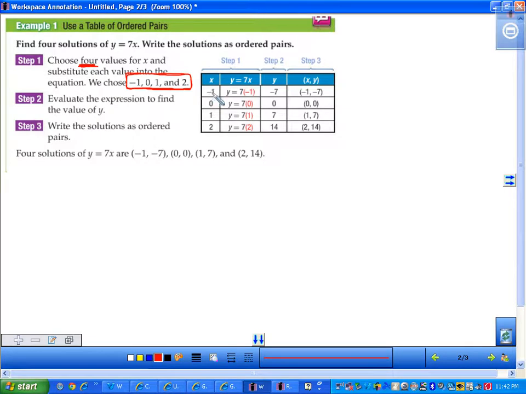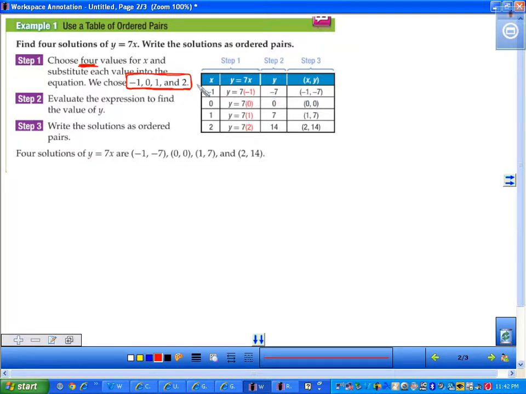So they're substituting x from the equation 7x. Again, this is an example that they're going over with you. So I'm replacing x with a -1. 7 times a -1 is a -7.